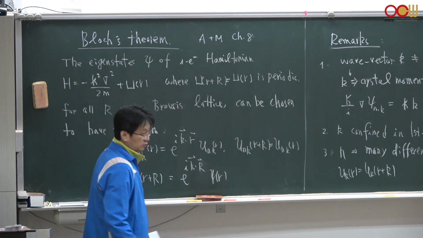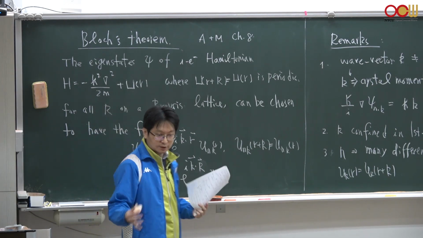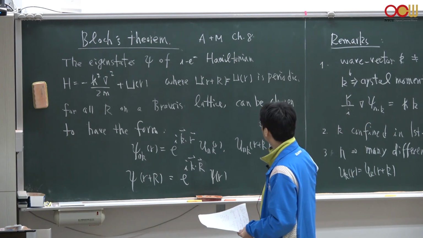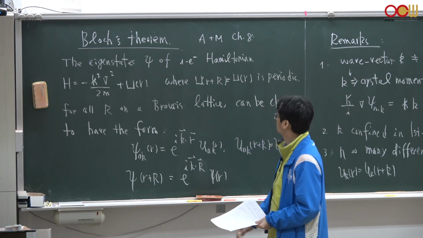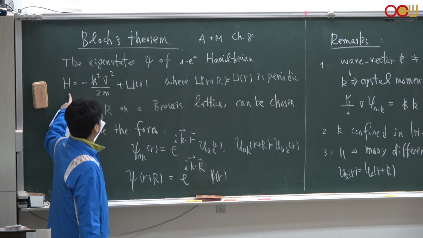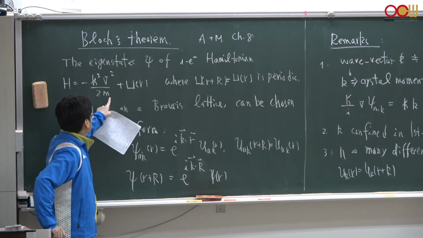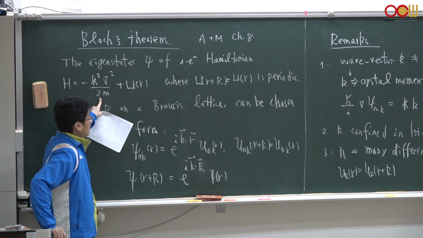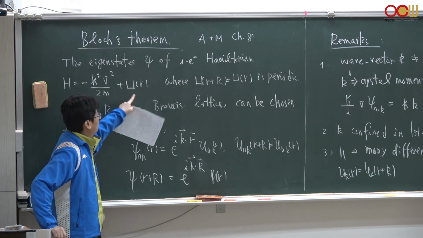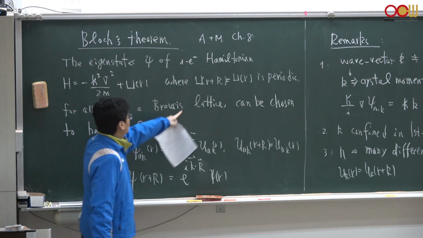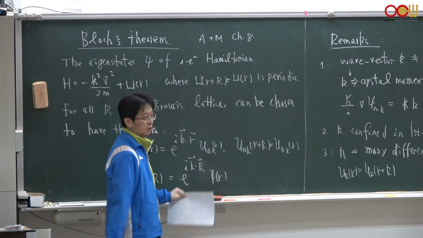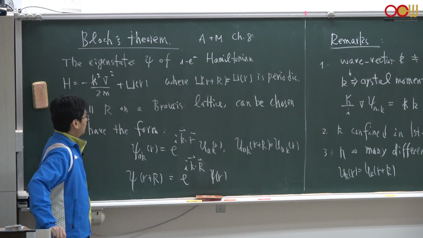To understand this, we need to go back to basics, which is the Bloch theorem for the eigenstate of a one-electron Hamiltonian under periodic potential, with the Hamiltonian defined as this one, where this gradient square term represents the kinetic energy of a single electron, and this U of R represents the periodic potential, which is the same if you simply shift this R by a lattice vector.